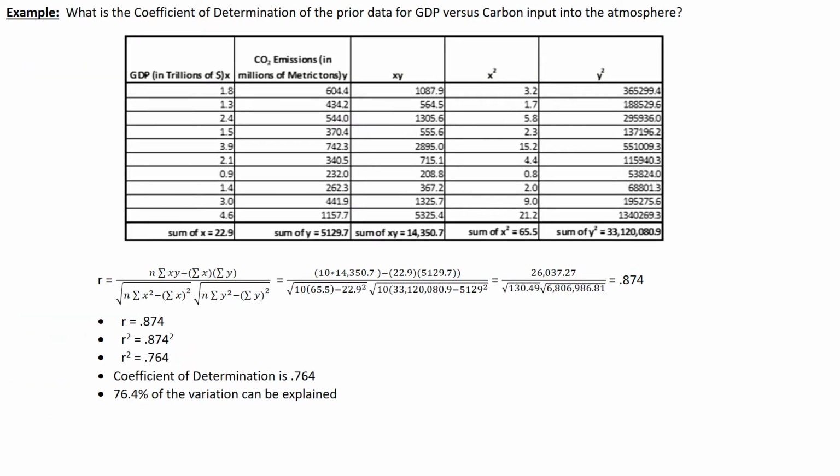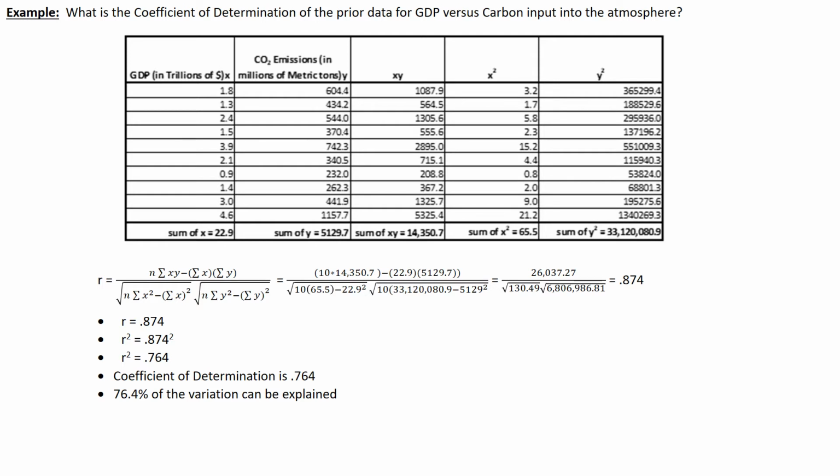For example, we know how to find R. We found that with our little calculator before, and this is the equation. We did this in 9.1 and got an R of 0.874. This is for the GDP, gross domestic product, of 10 countries and their CO2 emissions in metric tons. Our R squared, 0.874 squared, is 0.764.